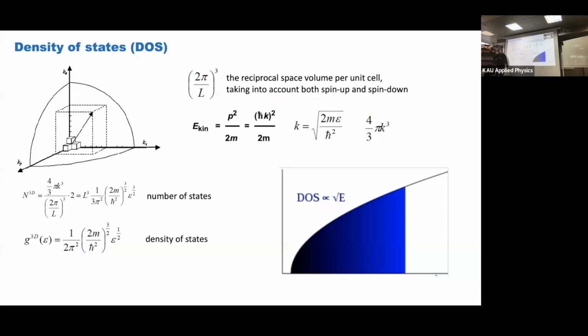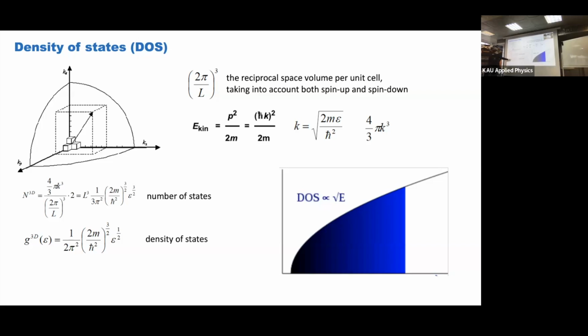How can I calculate the number of states inside the sphere? N3D, for the 3D case: I take the whole volume, this volume, and divide it by the volume of one state, multiplied by 2L. Then I do some simple mathematics, and I see that the number of states where an electron can be sitting is proportional to E to the power of 3/2.